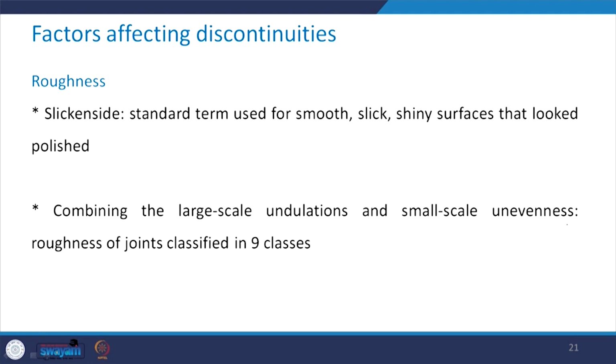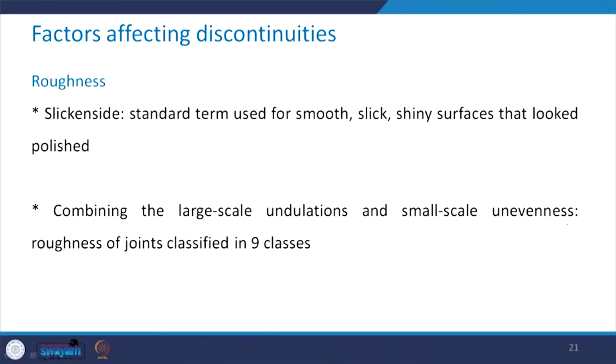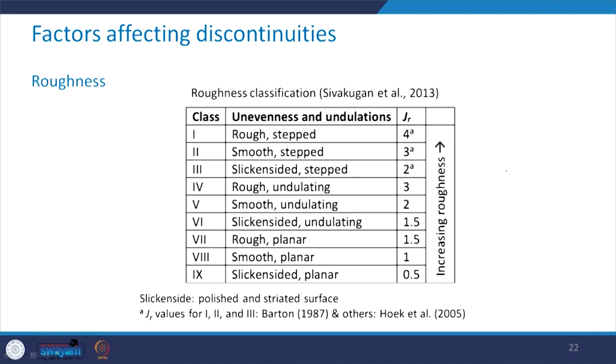In the rock mass classification system, when we assign the rating, there will be many tables where these terms will be used quite often. So, it is better that you understand these terms right at this moment. Now, combining the large scale undulations and small scale unevenness, the roughness of the joints is classified in 9 classes.